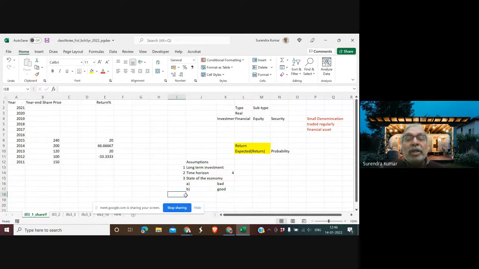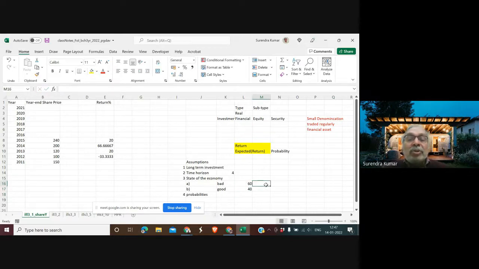Now you need to calculate the probabilities of these states. Supposing you say 60-40, you say 60% bad, 40% good.